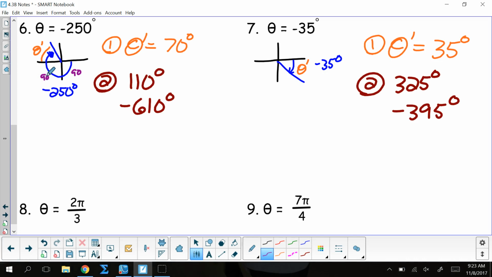Which leaves me with 70 degrees to go to get to negative 250 degrees. 90 plus 90 plus 70 is 250. Okay? So that 70 then is my reference angle because reference angles always come off the horizontal.